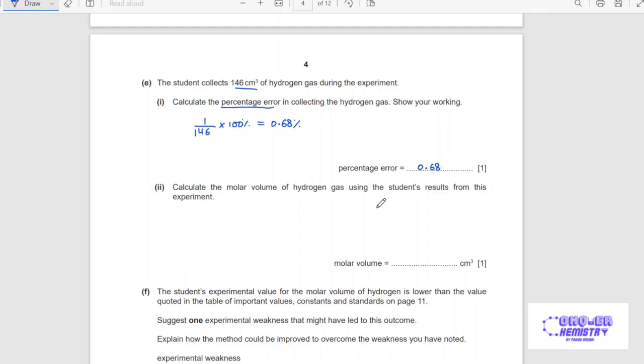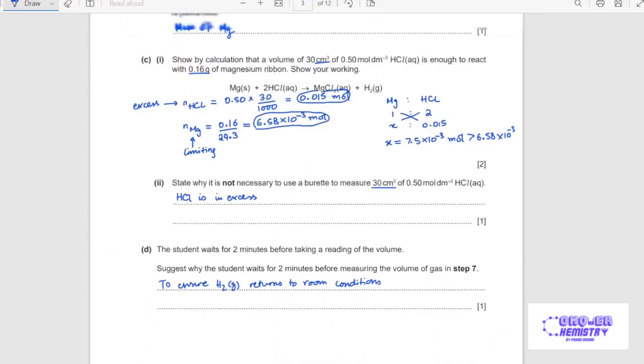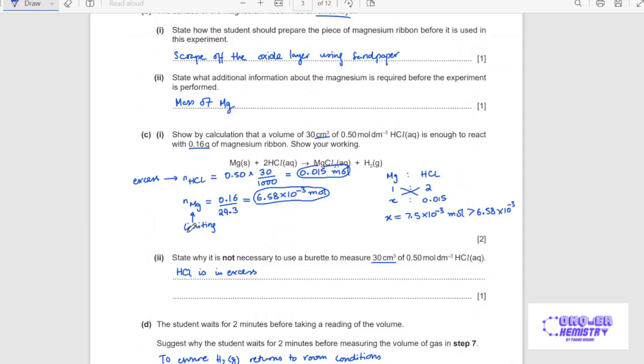All right. Now it says calculate the molar volume of hydrogen gas using the student's results from this experiment. So we need to calculate it in cubic centimeters, right? So we're going to use 146. We don't need to convert it into cubic decimeters, right? And we need to divide it by some moles. It's going to be the moles of hydrogen. Now, if I go back up here, we know that magnesium is the limiting reactant. So we're going to use its moles over here to find out the moles of the hydrogen.